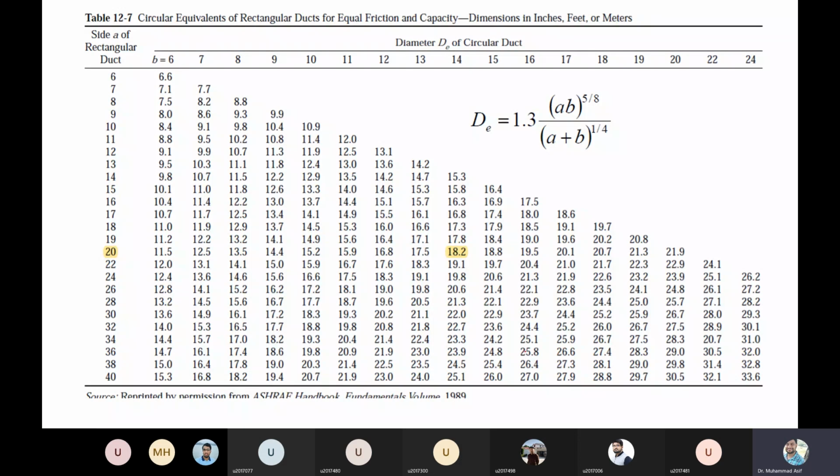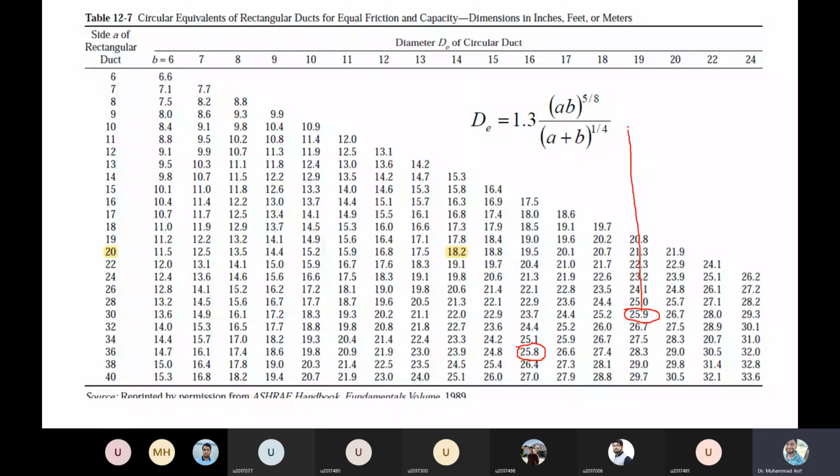This is very close to 26, and this is also very close to 26, and there could be other combinations as well. Depending upon the availability, you can have different values. So let's say I'm taking this one, 25.9.